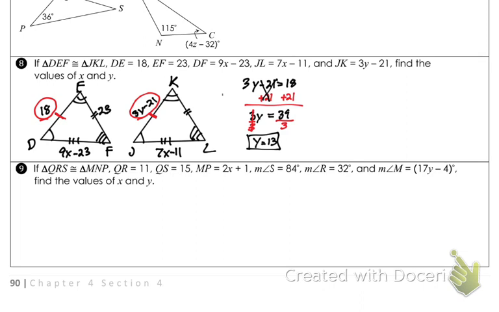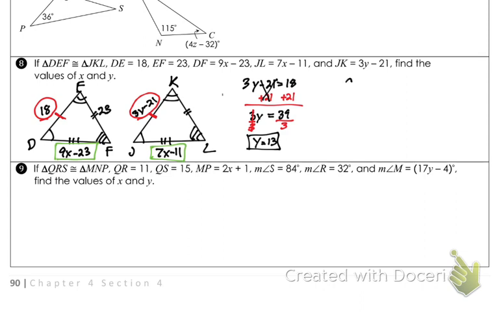What other equation can I write? You could write 9x minus 23 equals 7x minus 11. Perfect. So we can look at both of these are touching the double tick marks. So these two must be equal to each other.